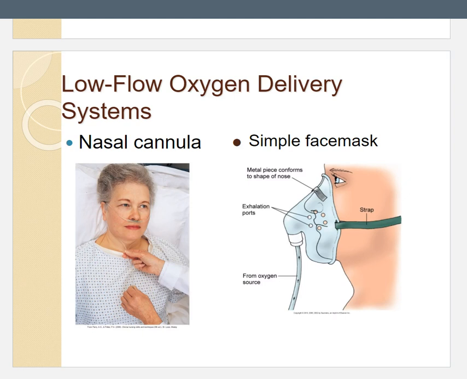So for instance, if we put a patient on a nasal cannula at 4 liters, we know that when our patients are on 4 liters, they're getting certain percentages of oxygen, and we don't know if they're precisely getting that because it really depends on your patient's respiratory status and what kind of respiratory effort he's providing.